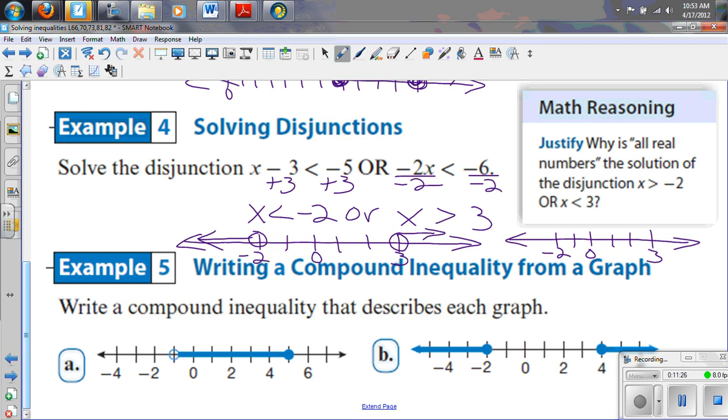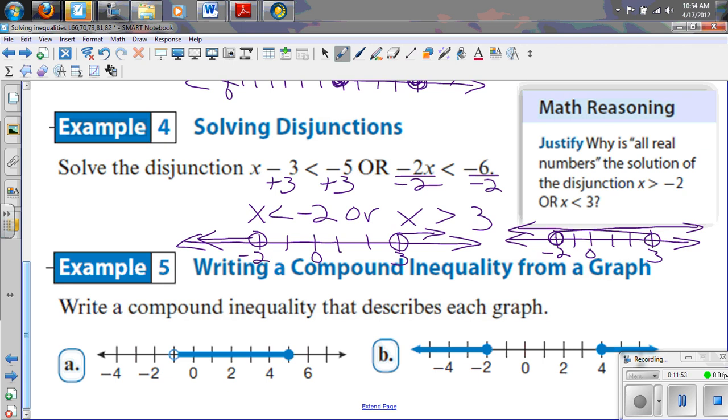And so when we have x is greater than -2, so here's -2, and it's greater than, and x is less than 3, and that goes this way, then which numbers does that cover? Well, that covers all numbers.